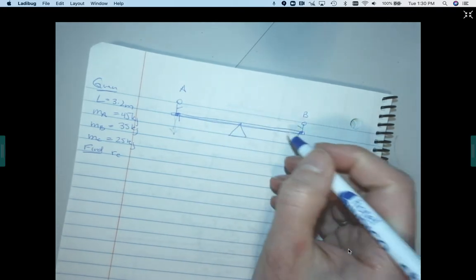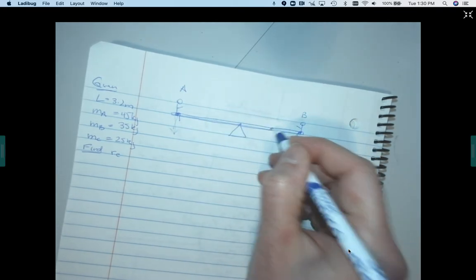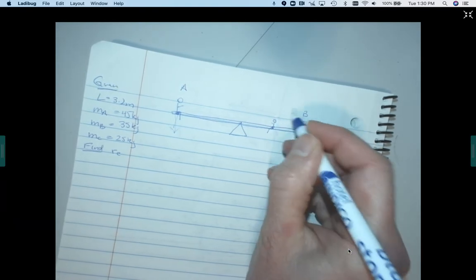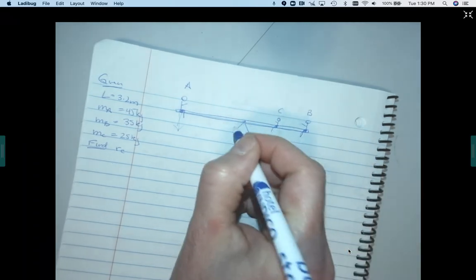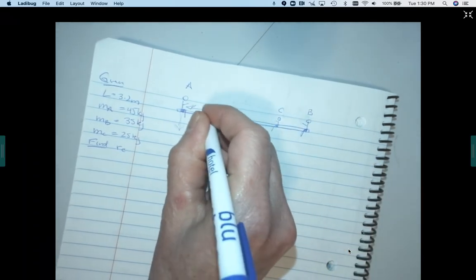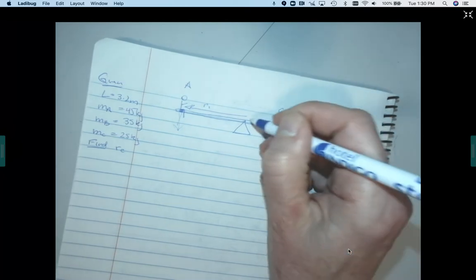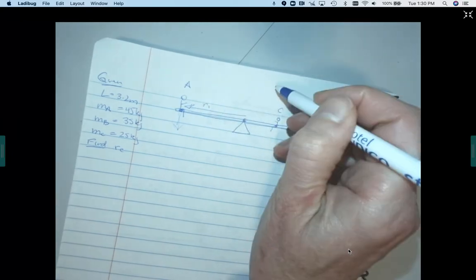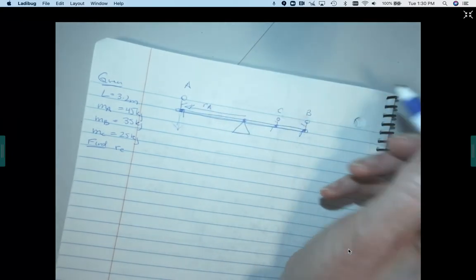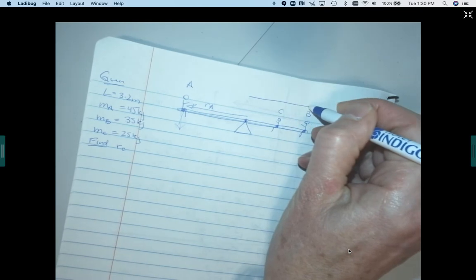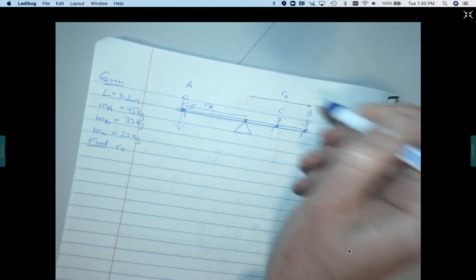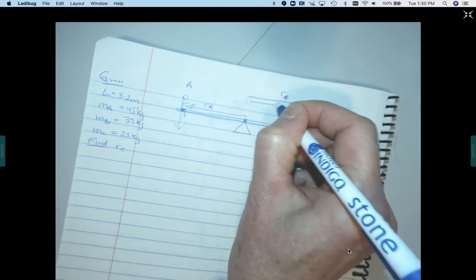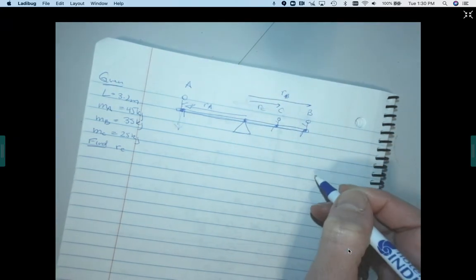It's just like a little balance. So we know the third child is going to have to sit somewhere on this side. A little smaller, and that would be C. I'm going to say that this pivot point is my origin. So that's my distance for child A, and then we'd have a distance to child B from the point of rotation to where the force is applied, and same thing for C. So that's our picture.